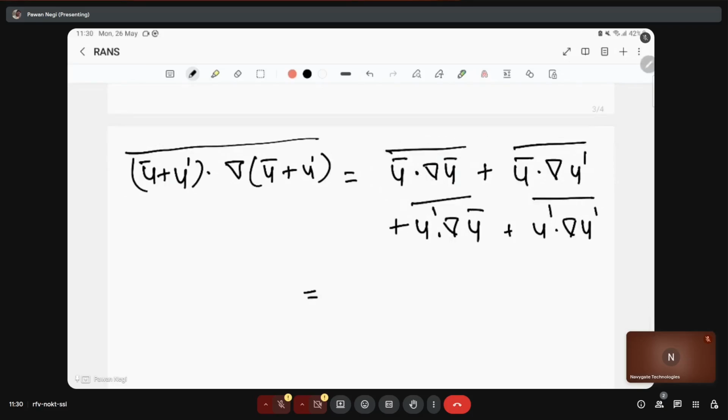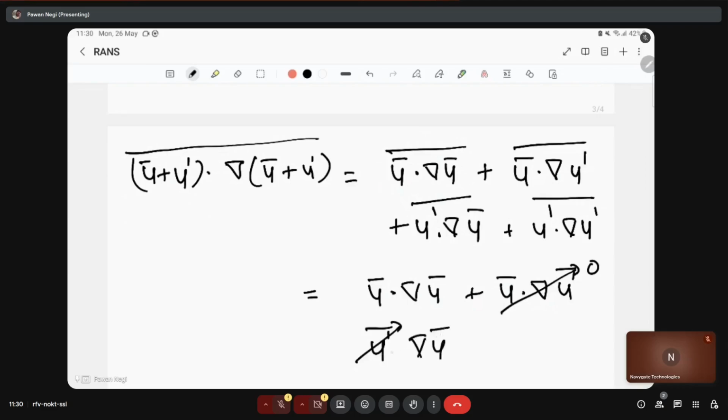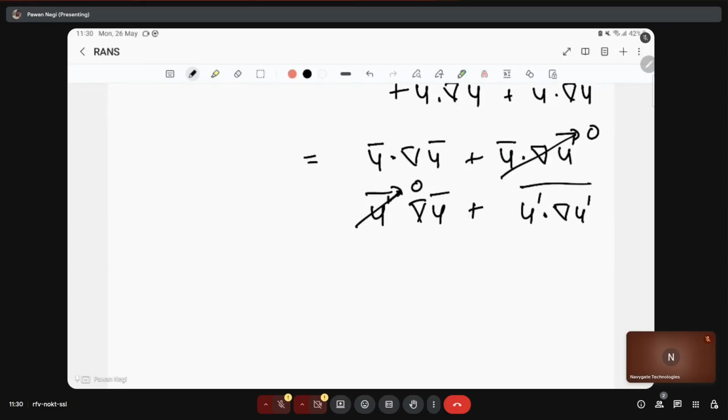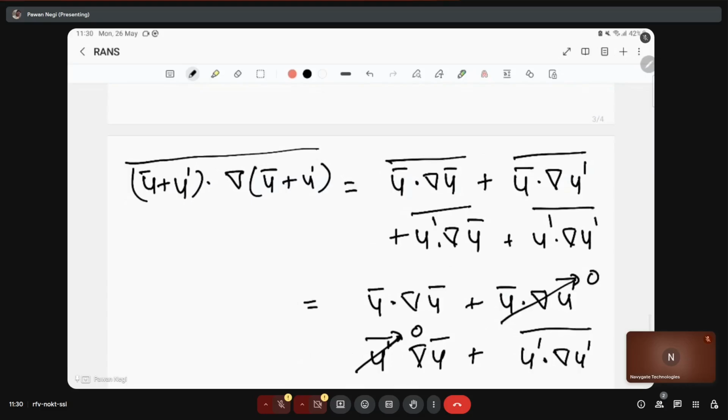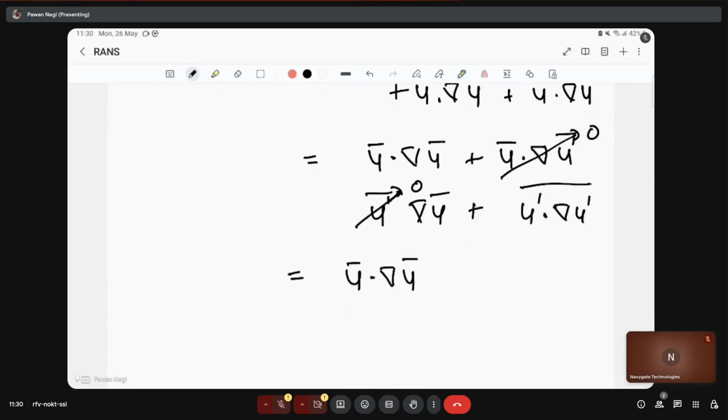For the first term, since both the terms are already averaged, we'll get this term as it is, plus we'll get this term times the average of the fluctuation, which is equal to 0, and similarly the average of this times the averaging, which is again equal to 0, and the last term, which is the average of the fluctuations, will remain. So you can see that, as we have seen in the property, the averaging of the product of two flow variables is equal to the product of the averages plus the average of the fluctuations.